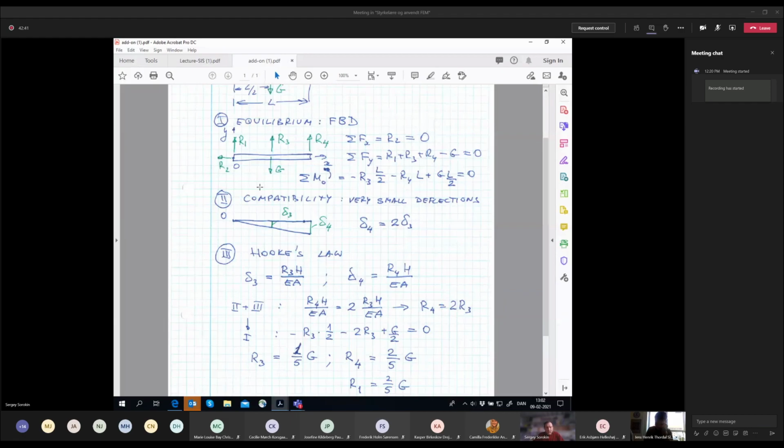But in real life, we have systems which are multiply statically undetermined, and then we have to use compatibility conditions and use Hooke's law, which relates forces and displacement. So these are the three cornerstones, so to say, in solving problems in mechanics of materials: equilibrium, compatibility, and Hooke's law.